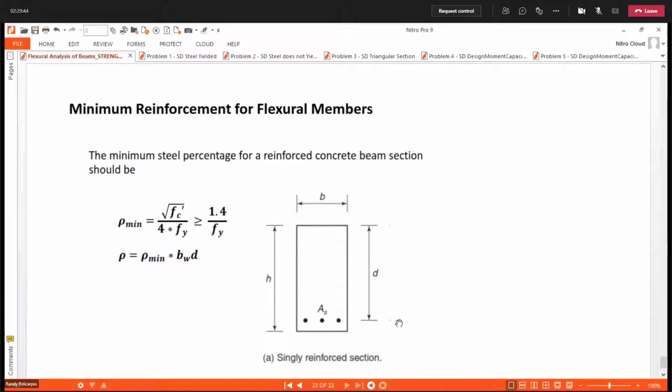Okay, in the old and in the new code, meron tayong minimum. Ito yung minimum reinforcement ratio. We have raw min equal to this quantity and also this one.